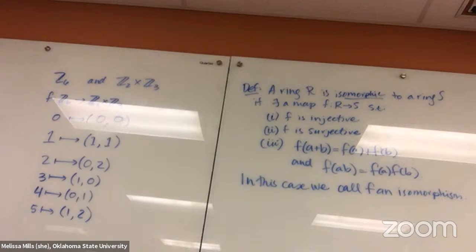But maybe it's a little bit more intuitive because you want to figure out, how do I say that 2 rings are essentially the same? Well, I would need to prove that there is an isomorphism.